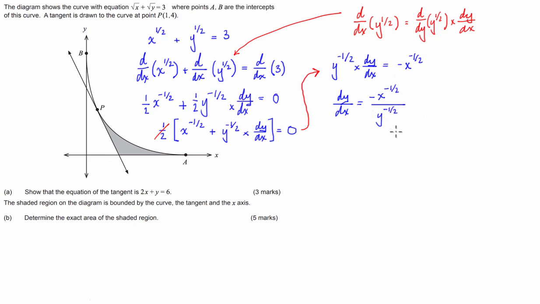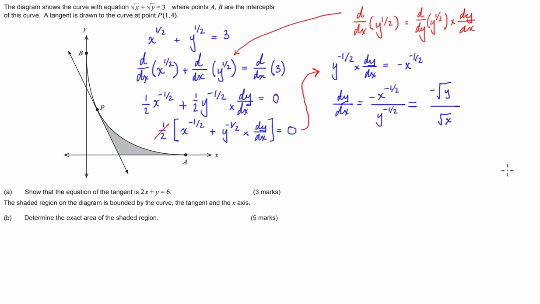Now obviously we can fix this in terms of the negative indices by just taking the reciprocal of this fraction here. So that's going to be equal to negative, and rather than writing y to the power of 1/2, I'm just going to say negative square root of y over the square root of x.